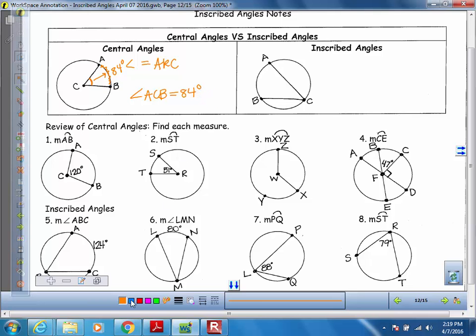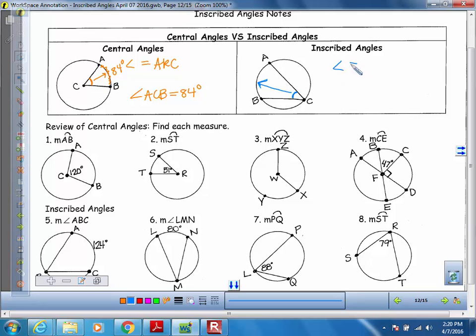Okay. Now, our central angle came from the center. Our inscribed angle is sitting where on the circle? On the circle, on the arc. So here's my inscribed angle. It's still across from this arc, okay? And then the relationship that it has is that my angle is always going to be half of my arc.